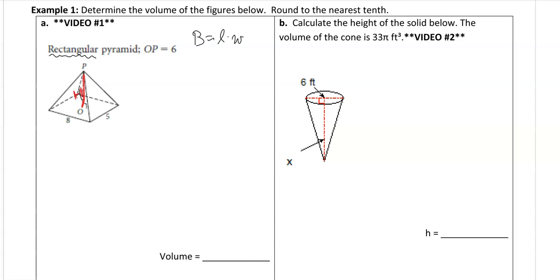This is OP, and we can see that OP is 6, so let's go ahead and label that height 6. We know that the volume is going to equal the area of the base times the height divided by 3. So the area of the base is length times width, so that's 8 times 5.